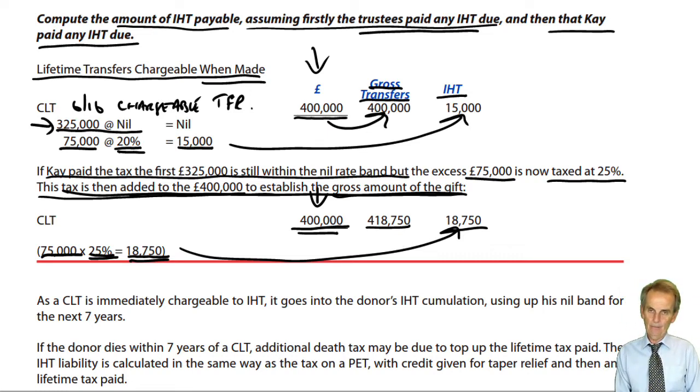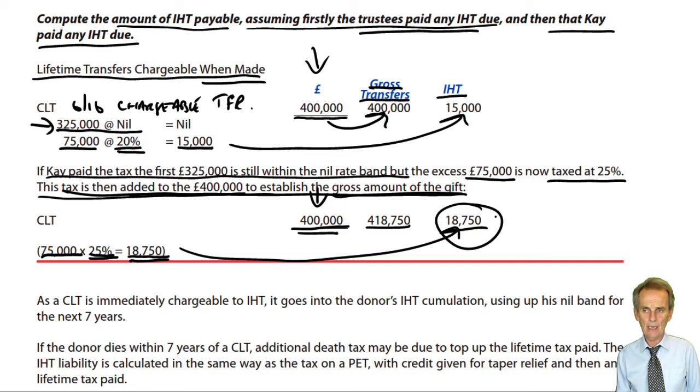Now, given that we're tackling objective testing questions, so there are no marks available in relation to the computations, you may think that, well, all I need to know is that figure. And if the only figure they wanted was the amount of tax payable in lifetime on the CLT, that would be fine.